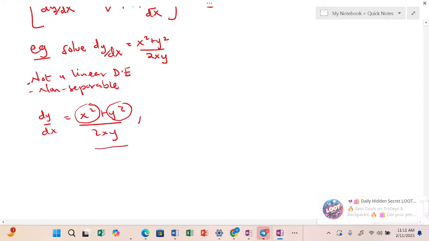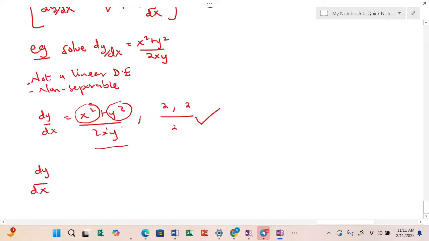Then we could see that the power here is 2, and below here we have xy, power 1 plus power 1. When we add them, we get 2. So this is homogeneous. We wouldn't have to go through the stress of doing the lambda x, lambda y. This is an easy way. So this is homogeneous.